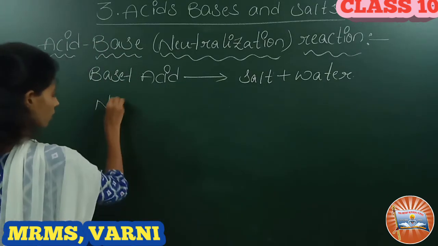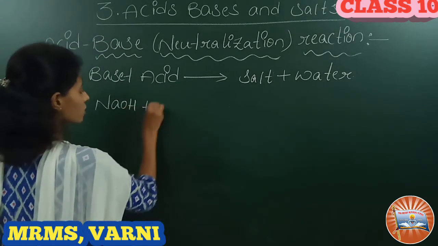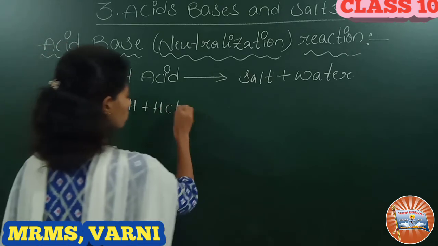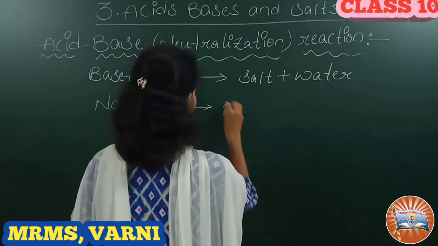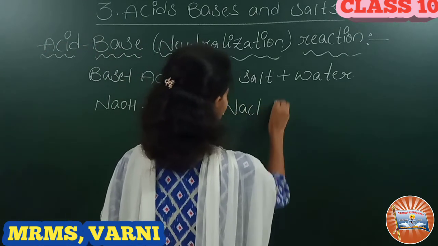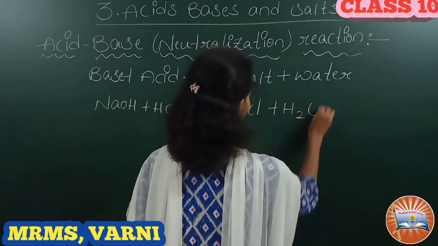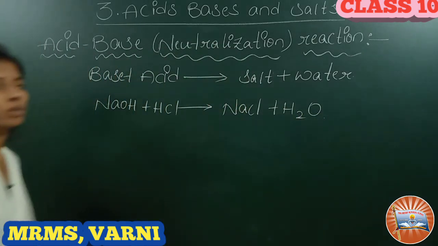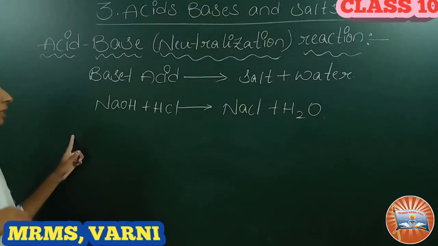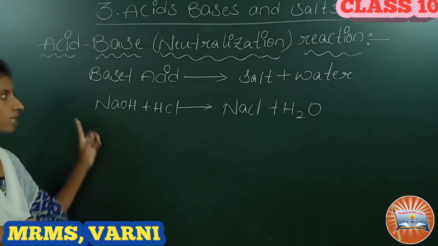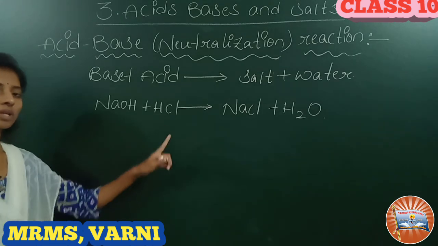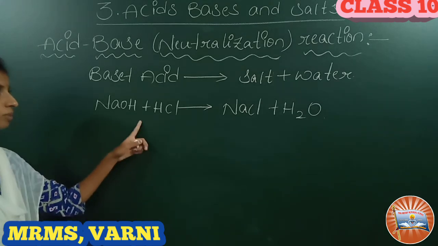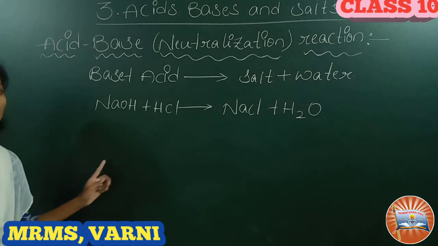So, we are adding HCl to the sodium hydroxide. So, they will give salt and water. Okay. So, remember that when a base is added to the acid, it will form a colorless solution. That means the reaction is neutralized.